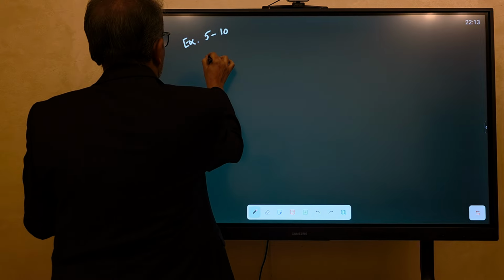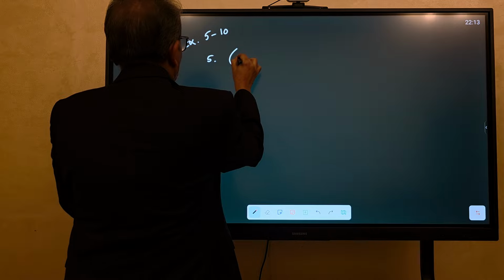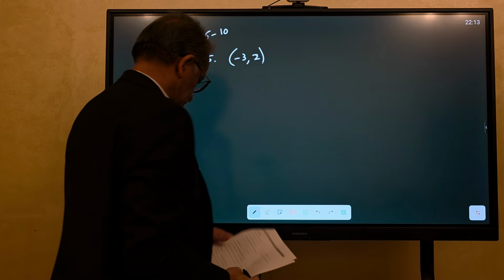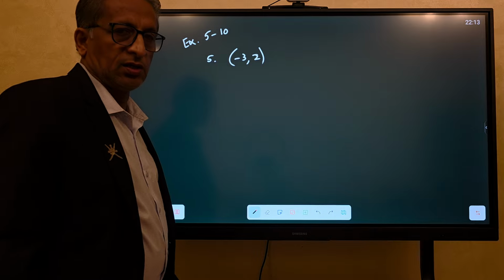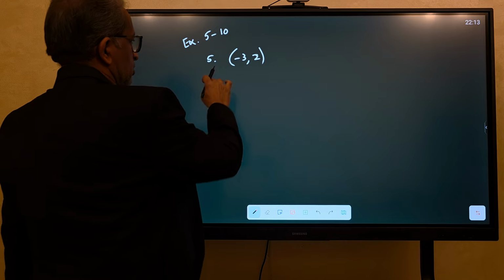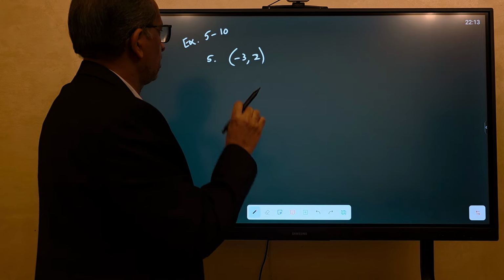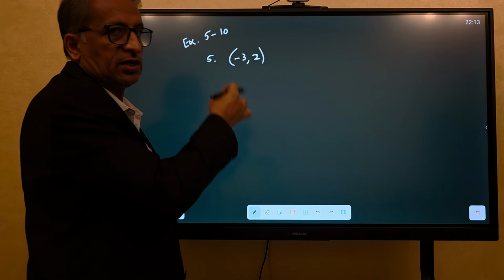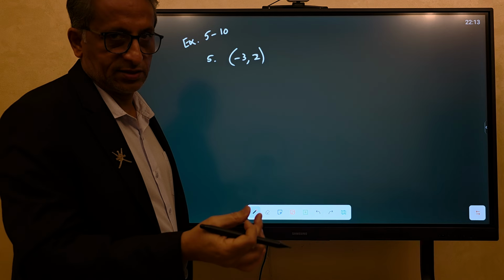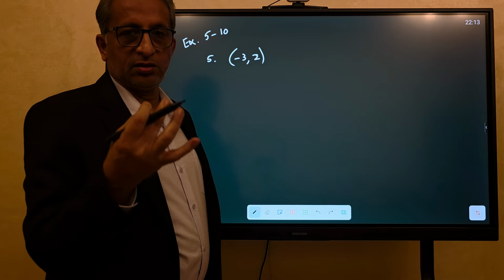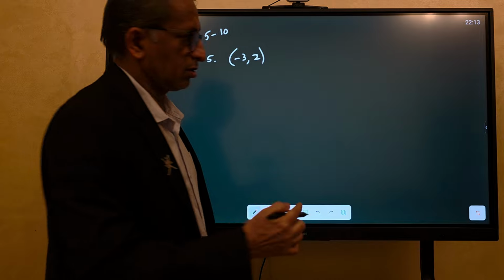For example, number 5. The point given is -3, 2. So we have to answer this question. You are not plotting it. You are going to tell in which quadrant this point lies. That means, is it in the first, second, third, or fourth quadrant?